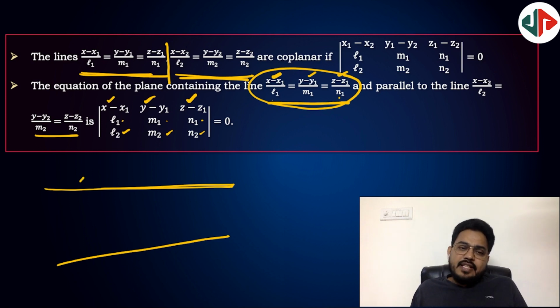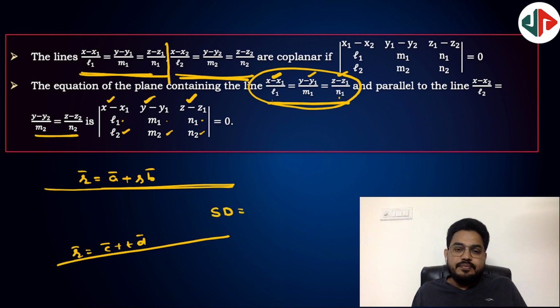Here this equation is in vectorial form. If you write r bar is equal to a bar plus s b bar, and r bar is equal to c bar plus t d bar, the shortest distance is equal to the box product of (a bar minus c bar), b bar, d bar by the modulus of b bar cross d bar.